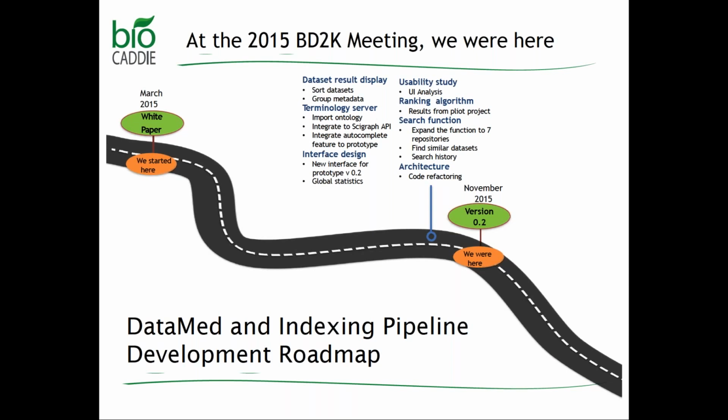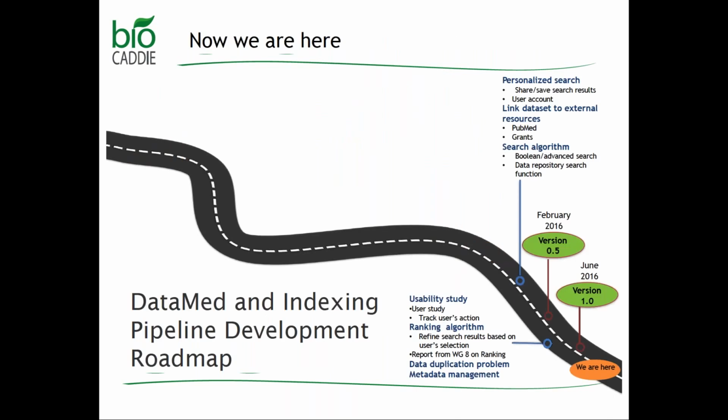So some of you have seen our presentation at the last BD2K meeting. We were in the beginning of the road, or in the middle here, and we were designing the prototype so we can showcase what the indexing is all about. Where we are now, this data engine, Datamed, is already deployed, and it's in version 1.0 that you can see.